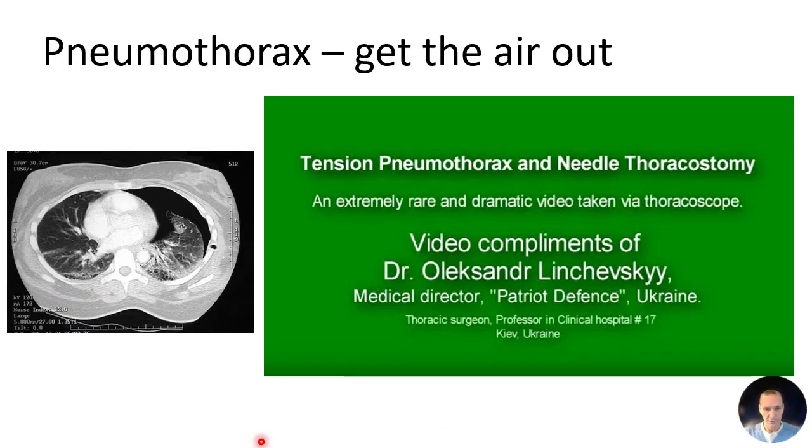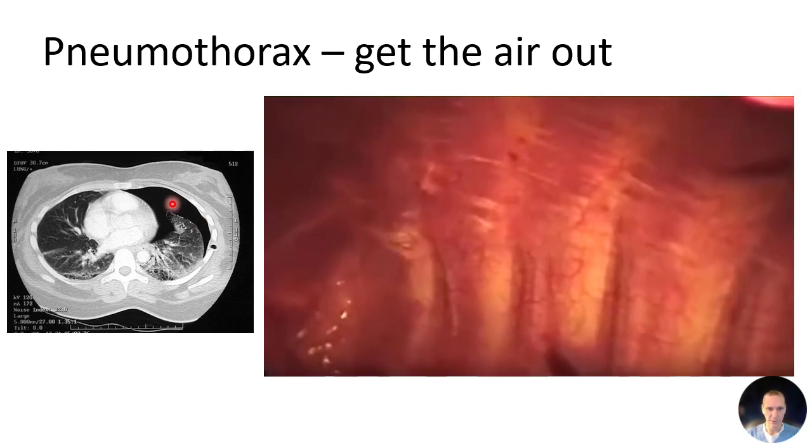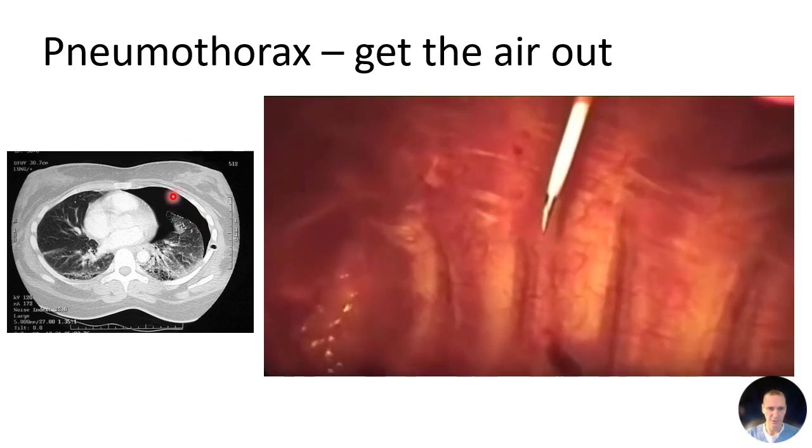I also think it's a good chance to play this video, and I thank this doctor for posting it online. Here is a large pneumothorax, and this isn't the actual image, but you're going to see what happens when there's a needle decompression.